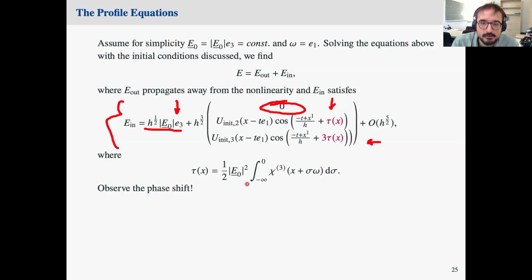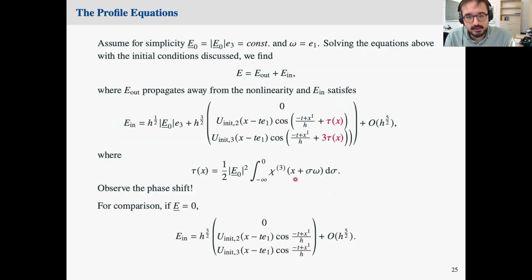And here this tau is, it's very nice that this is giving you an X-ray transform actually of the nonlinearity, or something that would look like an X-ray transform if you measure far enough. Whereas if you compare to the situation for E equal to 0, you see that you don't have these phase shifts anymore.